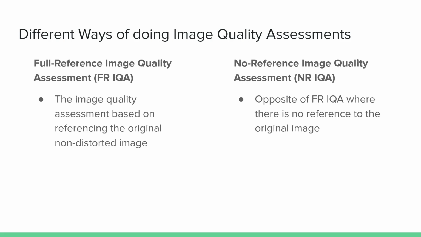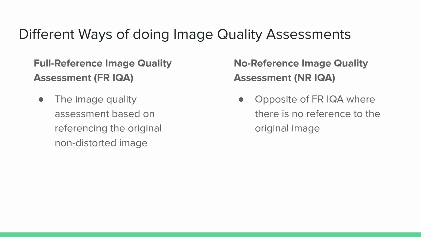But with no reference image quality assessment, it is the opposite of full reference, where there is no reference to the original image. So in the current example that I already laid out, this is looking at the image that has the brightness slightly changed.